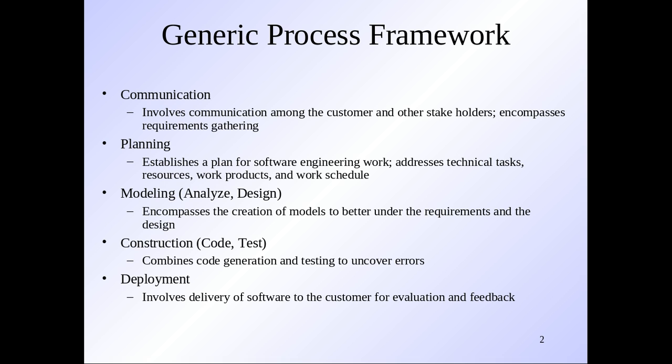So next is planning. In planning, you have to schedule your plan, that means your software engineering work. You have to plan with the technical tasks, resources, and work product, and you have to schedule that particular work. Next is modeling. Modeling consists of analysis and design. Now what do we have to analyze? We have to analyze the customer requirement in concern of your technical aspects.